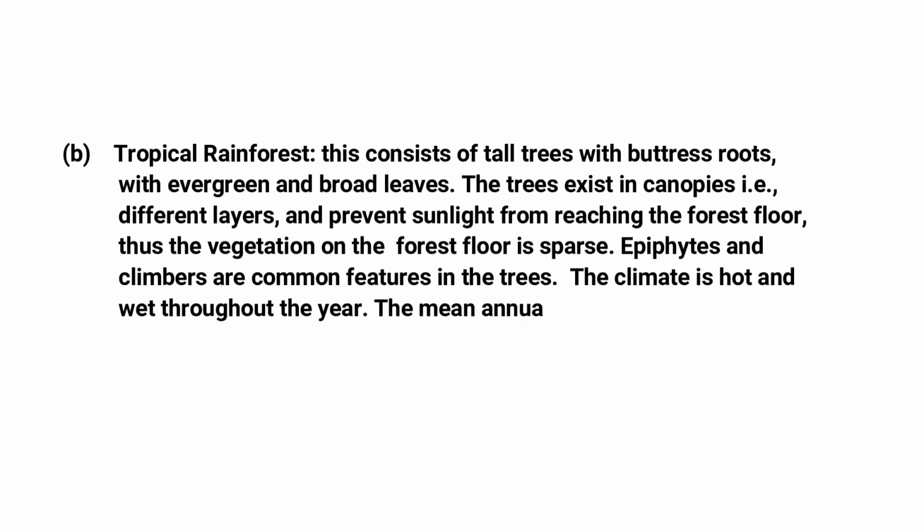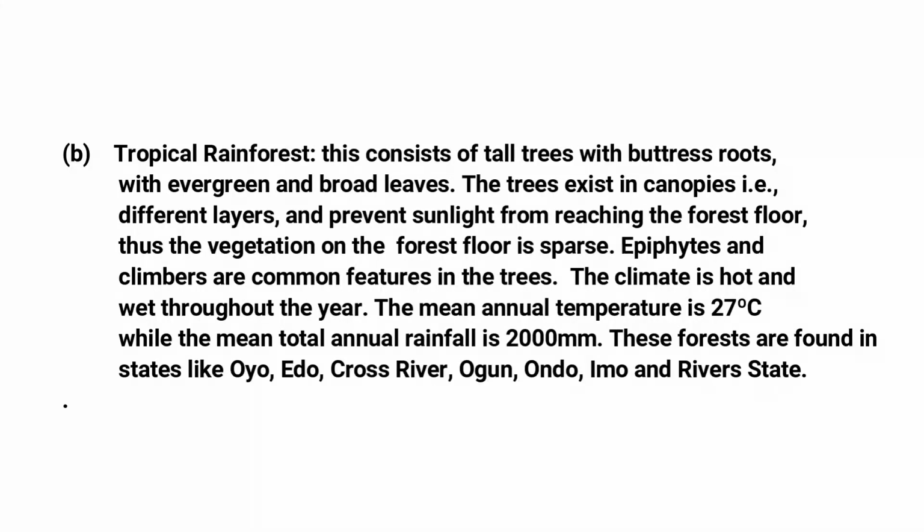This consists of tall trees with buttress roots, with evergreen and broad leaves. The trees exist in canopies, that is, different layers, and prevent sunlight from reaching the forest floor. Thus, the vegetation on the forest floor is sparse.